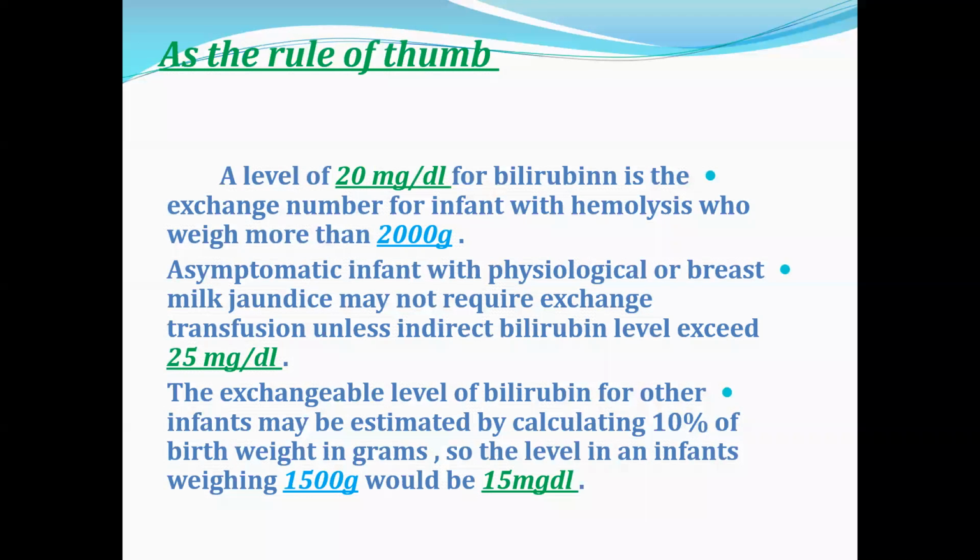The exchangeable level of bilirubin for other infants may be estimated by calculating 10% of the birth weight in grams. So the level for an infant weighing 1.5 kilograms would be 15 milligrams per deciliter, according to the rule of thumb.